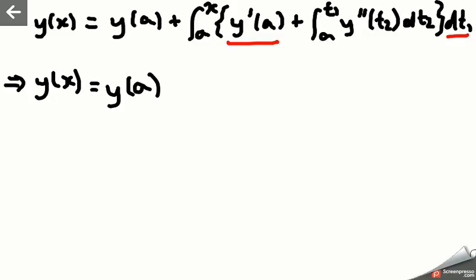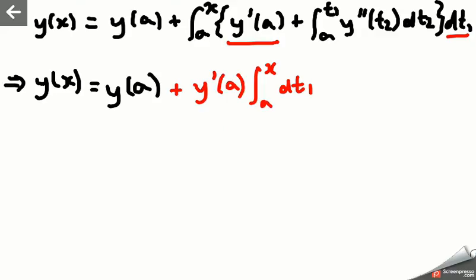Now remember, when we expand that out, we're going to be integrating over the variable T1. Well, y prime of a is just a number. It doesn't depend on T1 at all. So actually, what we can do is bring it outside the integral sign. So plus y prime of a times the integral from a to x dt1.